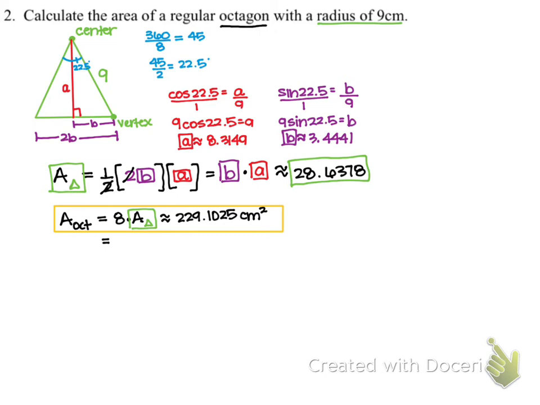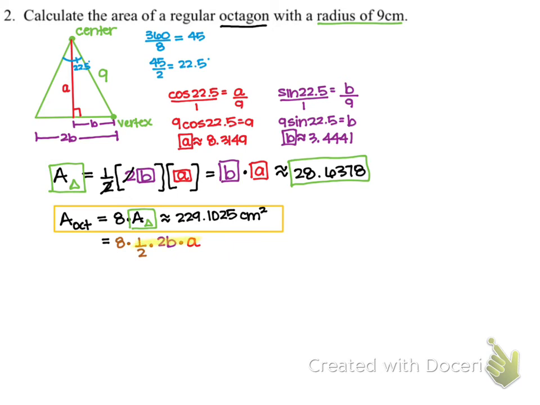So I've got an 8, and then I'm going to replace the area of the triangle with what it actually was. So the area of the triangle was half times, in this case, base, which was 2b, times the height, which was a. Which, I mean, it makes sense.